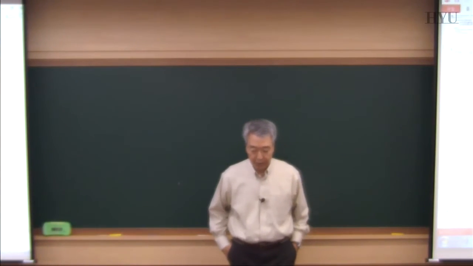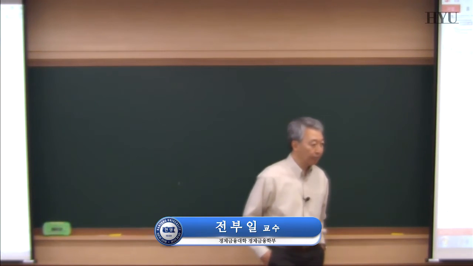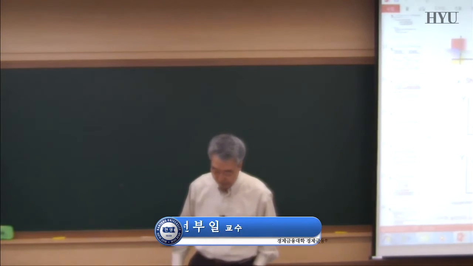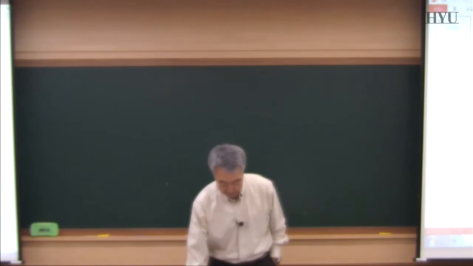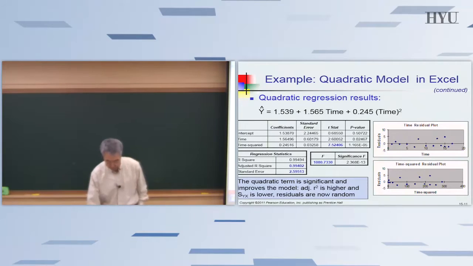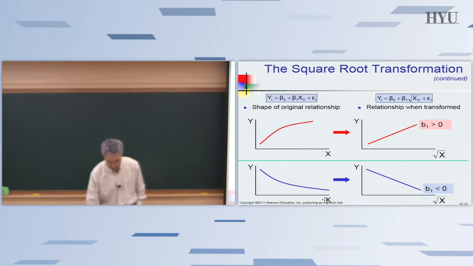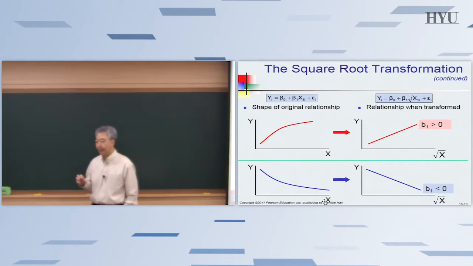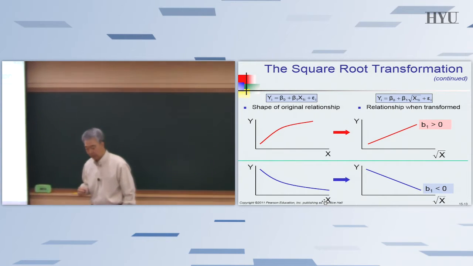All right, so last class we were talking about transformation, and we talked about the quadratic model, including the higher order term in the model, and using square root transformation. Remember the major benefit of using square root transformation was it can correct the heteroscedasticity problem, right?